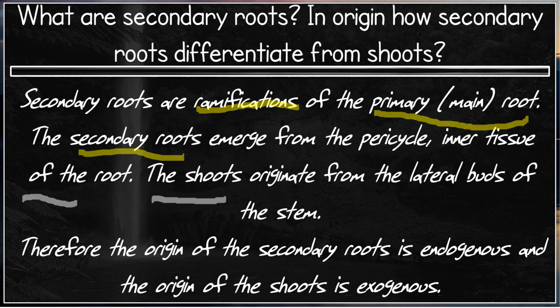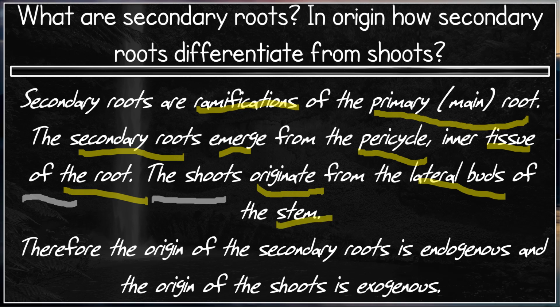Secondary roots emerge from the pericycle, inner tissue of the root. The shoot originates from the lateral buds of the stem. Therefore, origin of secondary root is endogenous, and origin of the shoot is exogenous.